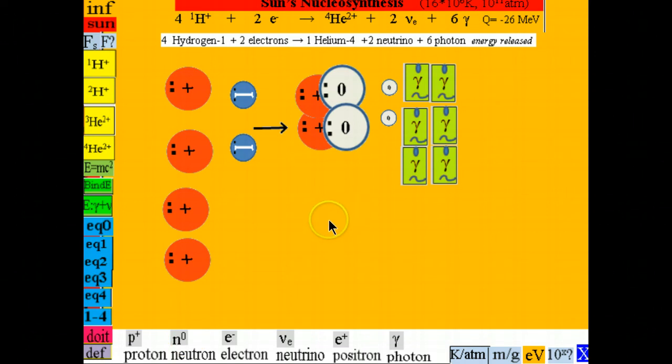Is the mass on the left side of this equation larger than the masses on the right side of this equation? Please give it some thought, and I give you one hint. Think about Einstein's equation, E equals mc squared.